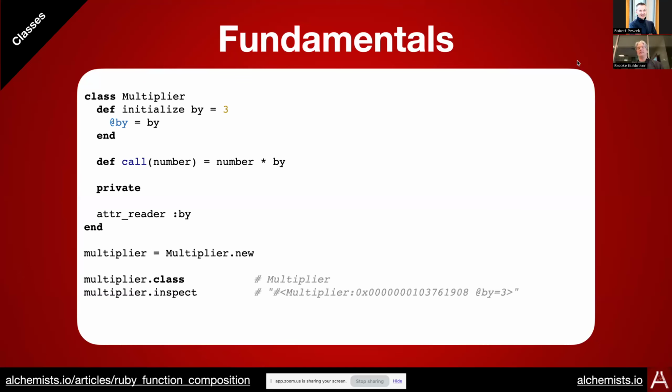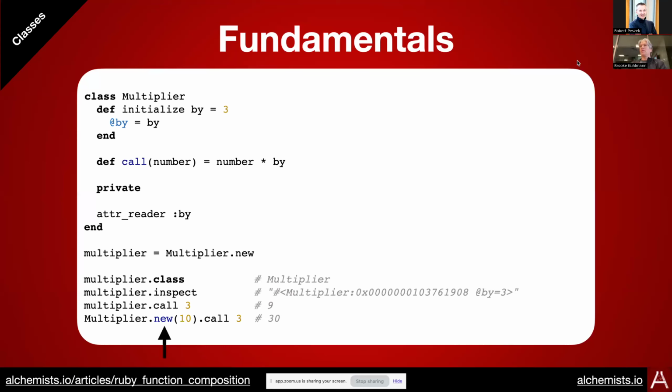It is an instance of Multiplier. If we inspect it, we see the instance there. If we call it, same thing as before, but where it gets a little interesting is if we want to change what we're multiplying by, I have to new up a different instance. So I'm going to get a different instance with a default of 10, and then multiply that by 3. So it's not quite as convenient as the methods, procs, and lambdas, but it gets us close.